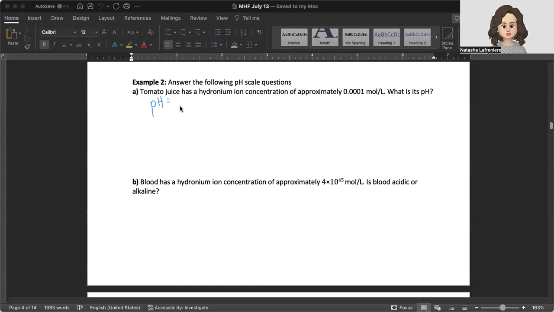This is what happens when I do this at 7 a.m. Okay, so negative log of 0.0001. If you throw that into your calculator, it's negative 4, and you keep your negative, that's positive 4. Okay, and so your pH would be 4.